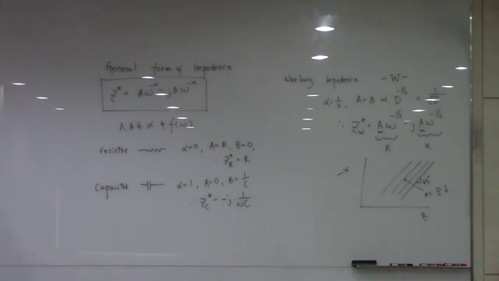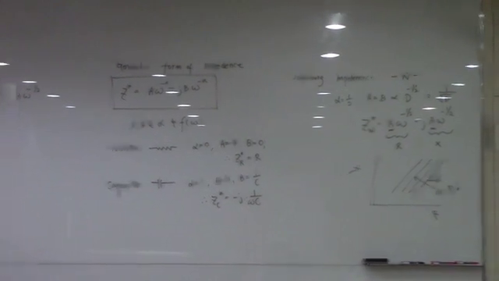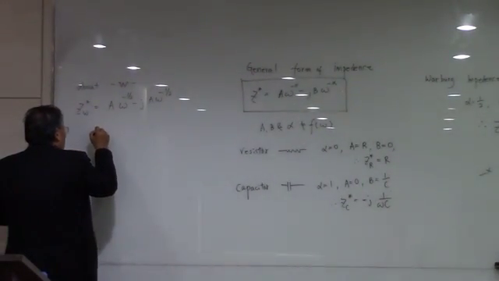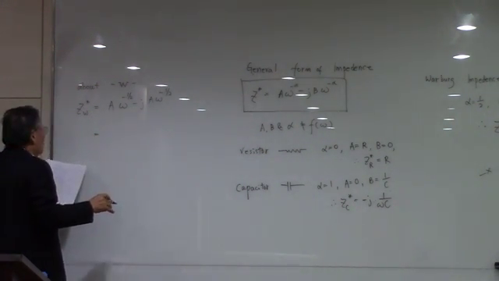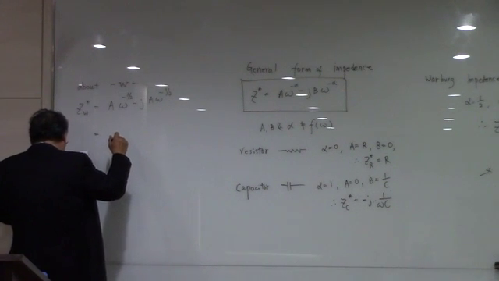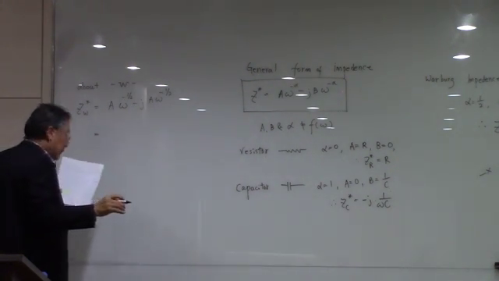Warburg impedance. Now the Warburg impedance is going to be said as j A omega to the minus 1/2, like this. Okay? And then we want to relate this to the R plus jX form, okay?